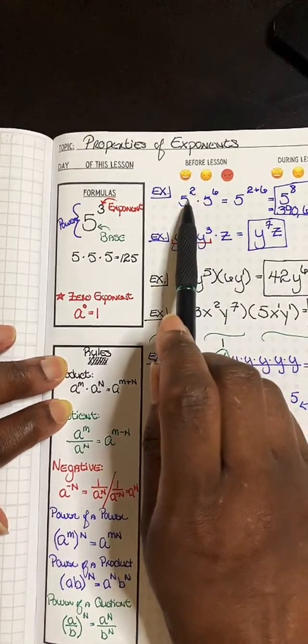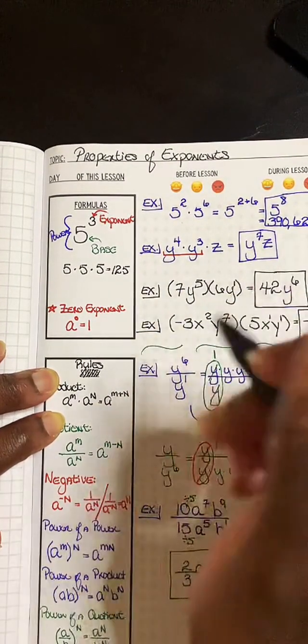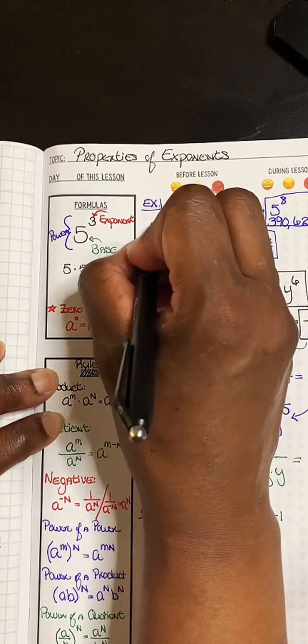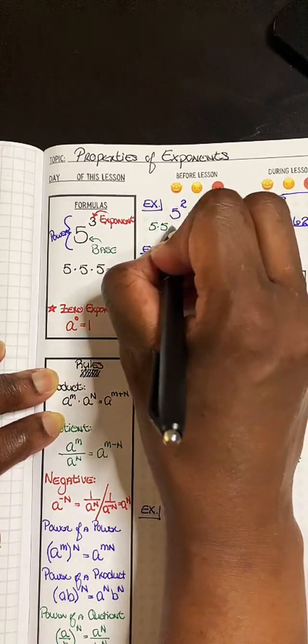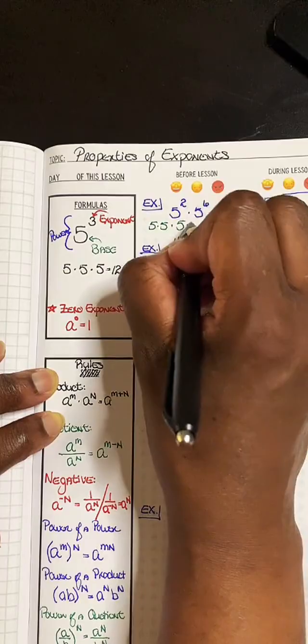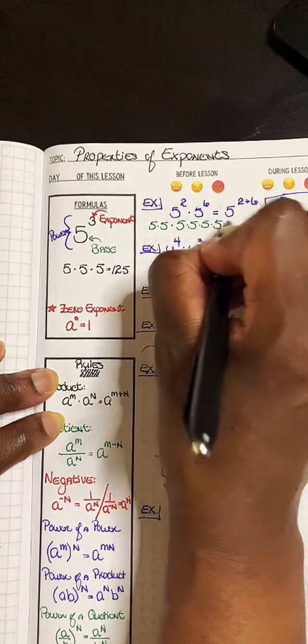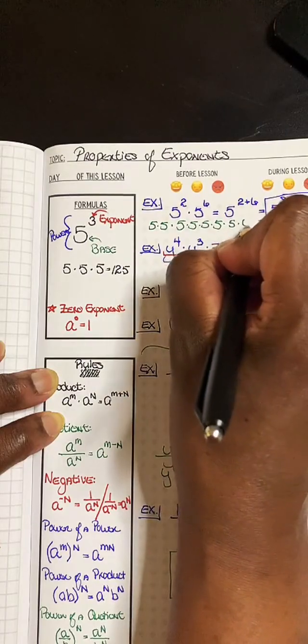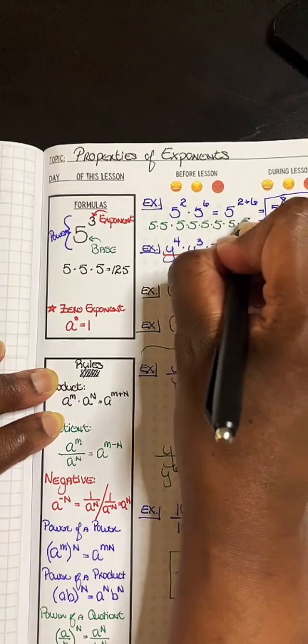I can say for this one, let's say 5 squared. 5 squared is 5 times 5. So that means I have 5 times 5. 5 to the 6, that means I have 5 of the 6s. That's 1, that's 2, that's 3, that's 4, that's 5, that's 6. Woo, it's supposed to be a 5. I was thinking 6 and I wrote 6.